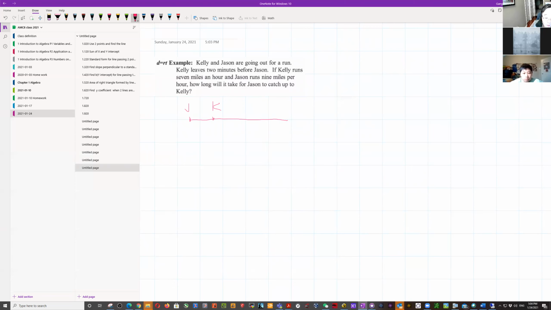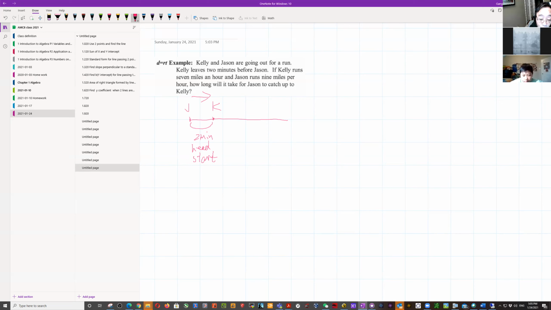So after 2 minutes, Kelly has already run for 2 minutes, so this is the 2 minute distance, the 2 minute head start. And Jason begins to run with Kelly together. So they are both running in this direction.